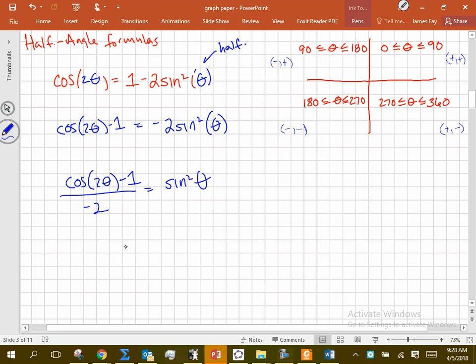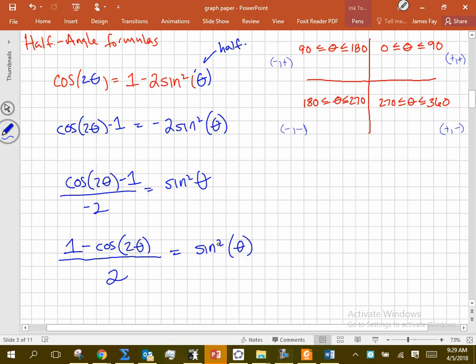Now when I divide both sides by -2, can I take that negative and put it up top? So it becomes, I'm going to write it this way, 1 minus cosine of 2 theta all over 2 is equal to sine squared of theta.